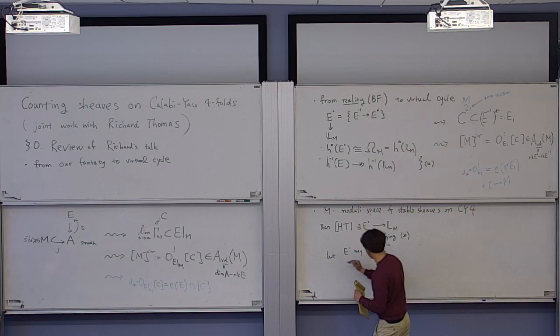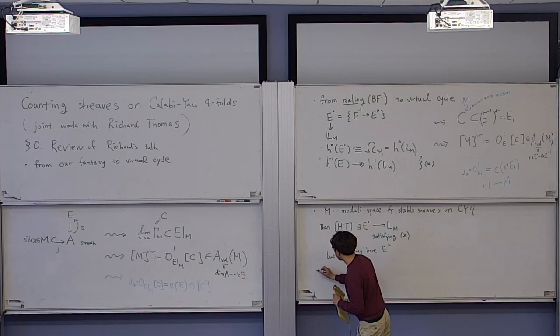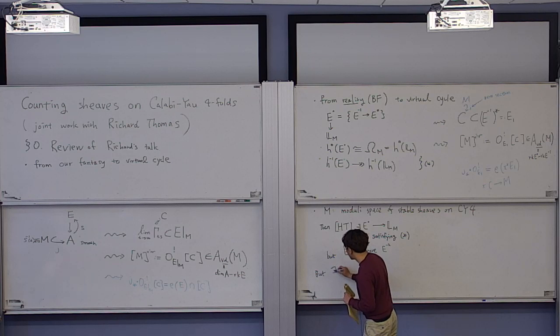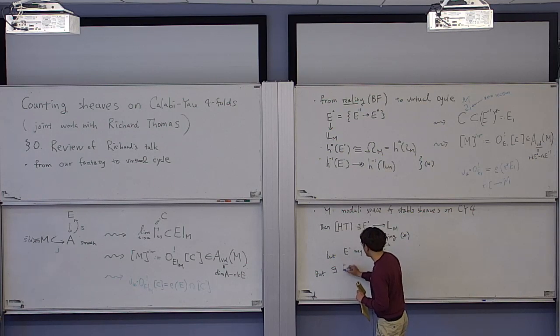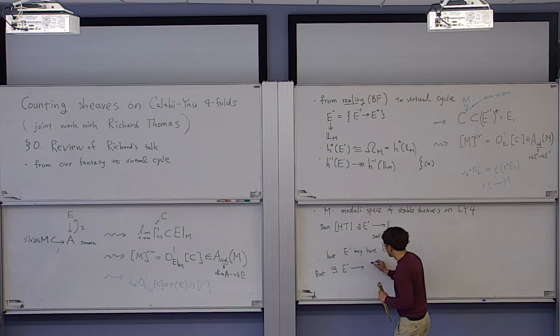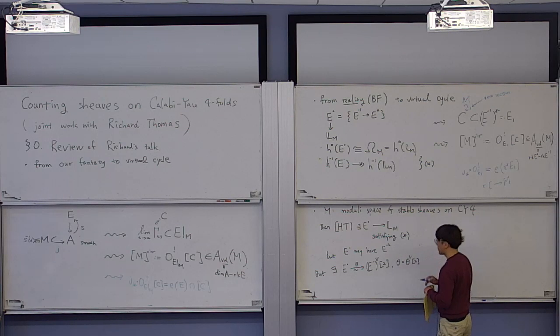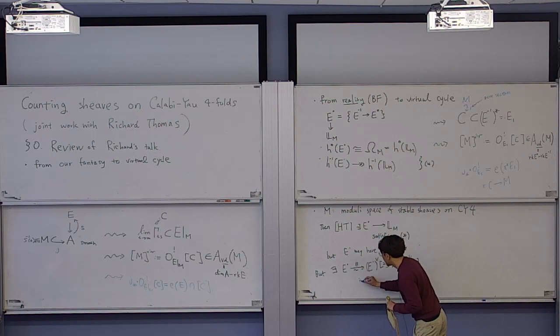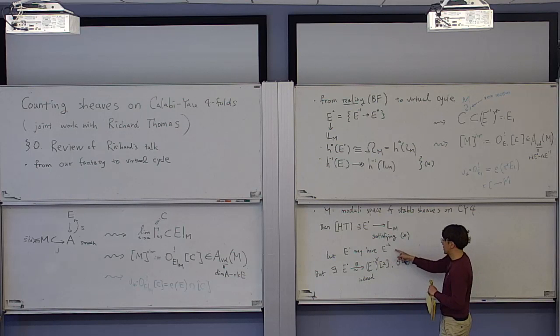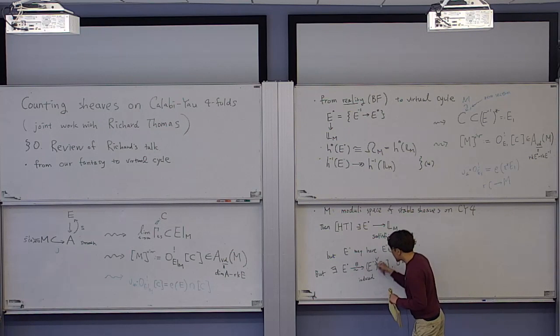However, the good thing is, there also exists an isomorphism theta, symmetric, induced by Serre duality. So although this may have this -2 term, this has this symmetric property induced by Serre duality.